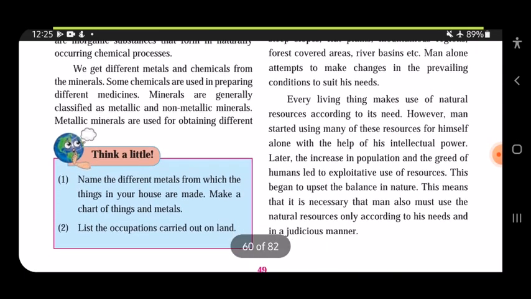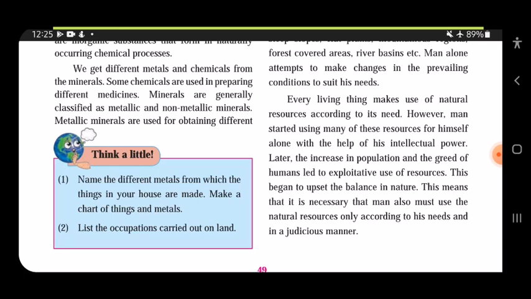Every living thing makes use of natural resources according to its need. So every living thing living on the land, right, makes use of the natural resources. However, man started using many of these resources for himself alone with the help of his intellectual power. That means with the help of his mind.